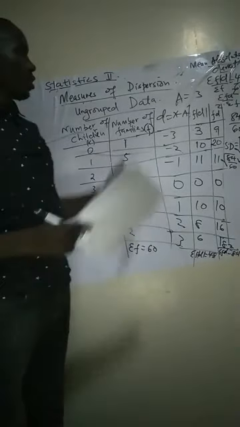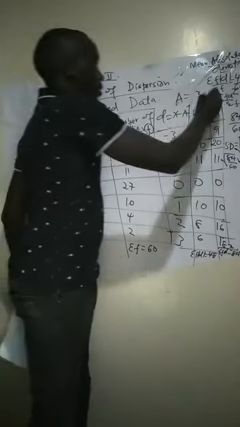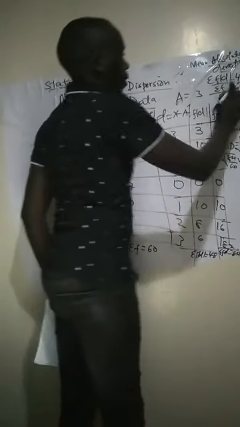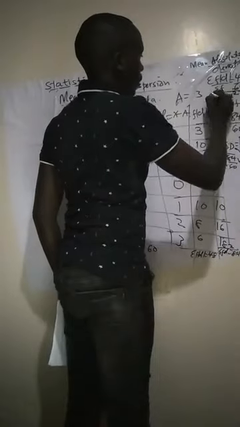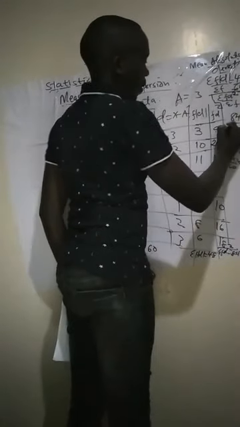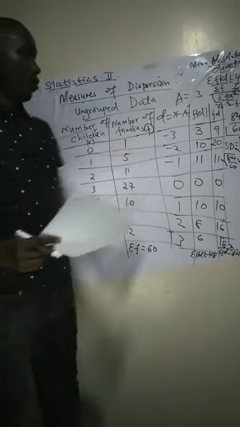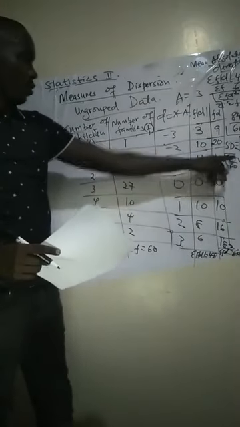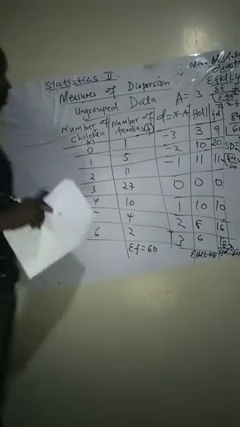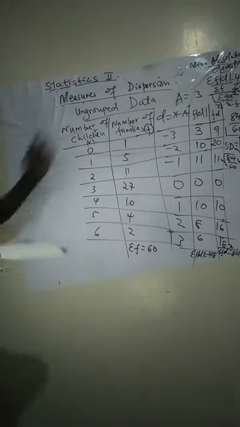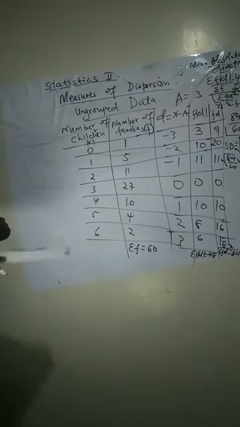Now 84 divided by 60 to get variance. So this gives us variance. Then the standard deviation is the square root of variance. So it is the square root of 84 over 60. That is what you need to know in that case.